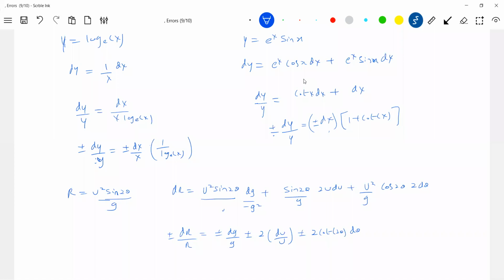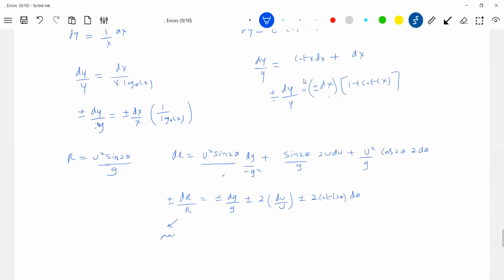Okay, look at this. The relative error in range depends on what? The relative error in g, the relative error in speed, the mean value of the angle of projection, and also the absolute error of the angle of projection.